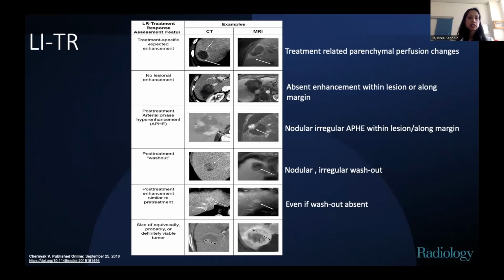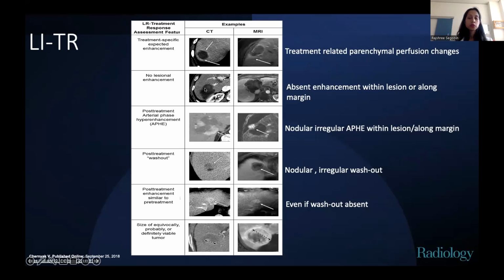And in the algorithm for treatment-specific LIRADS, we would look at the following criteria. If there is treatment-specific enhancement around the tumor, you would call these parenchymal perfusion changes if it's outside and relatively close to a recent treatment.